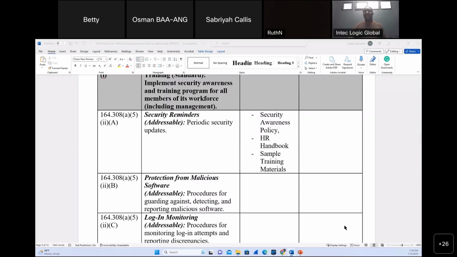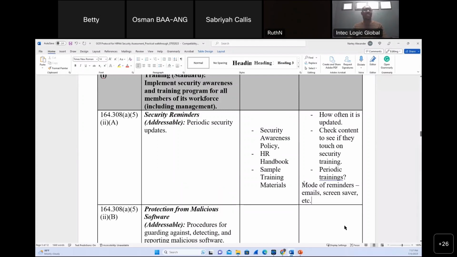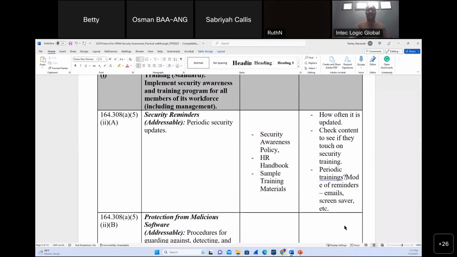I think Ruth mentioned some of them, email reminders or something on their intranet. She mentioned them. So you want to see how often, because security training is really, really important. That would be your first line of defense, just like risk management. So you want to check how often it is updated.